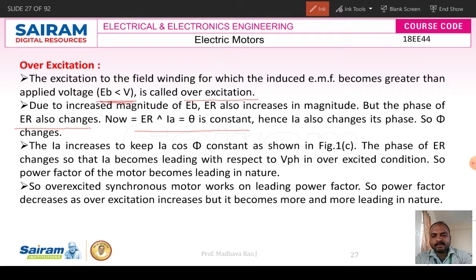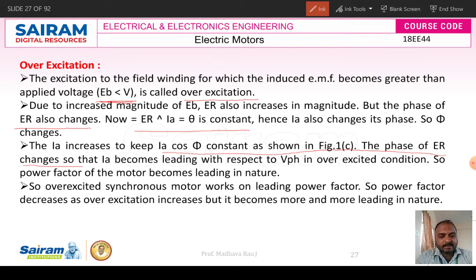Now, IA increases to keep IA cos phi constant, ER also changes. So, in this case IA leads with respect to V phase. Since it is an over excitation condition, IA will be in leading position, while in under excitation IA will be in lagging position.